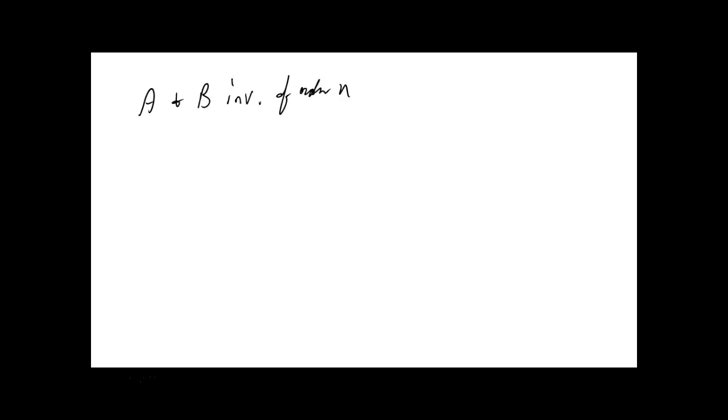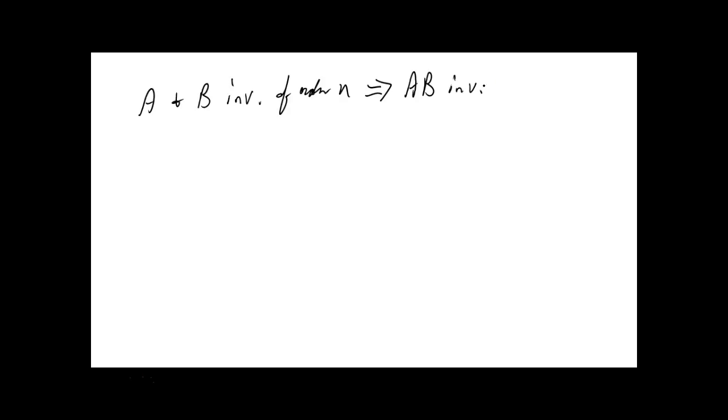First, they've got to both be square matrices. And to do what we're going to do, they've got to be the same size. So the order n means n by n. They're both n by n matrices, and they're both invertible. So that's what we have to begin with. Okay? Then AB is also invertible. Okay?